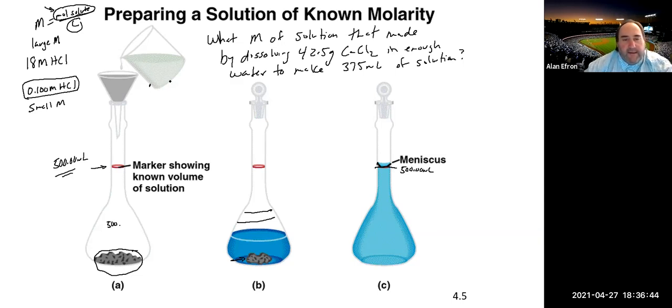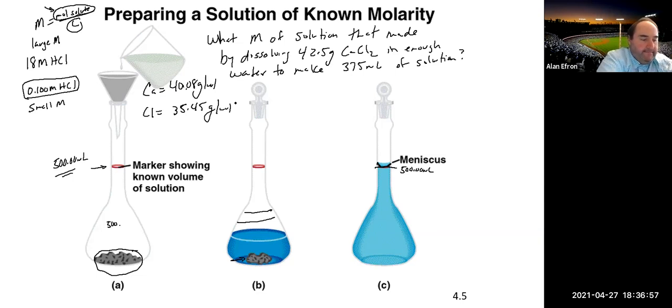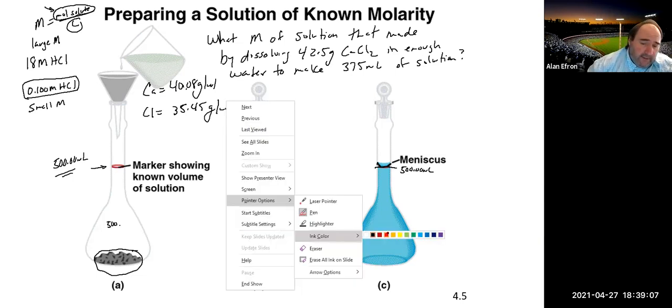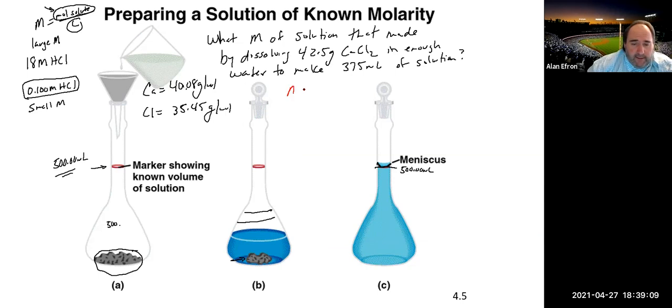Calcium is 40.08 grams per mole on the periodic table, and chlorine is 35.45 grams per mole. We think about molarity as moles per liter.